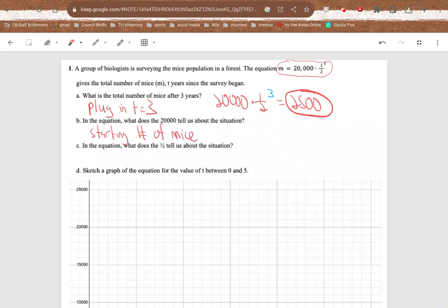And the 1/2 tells me that every year the number of mice is halving each year. Okay, so that's what the 1/2 tells us.